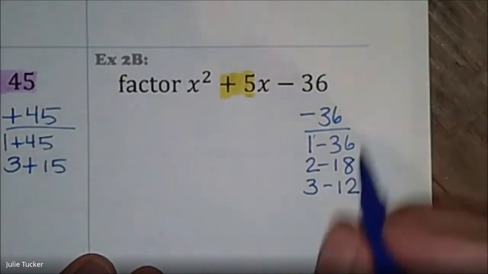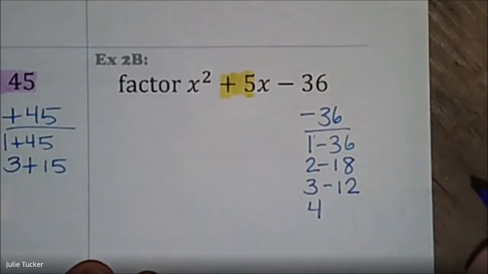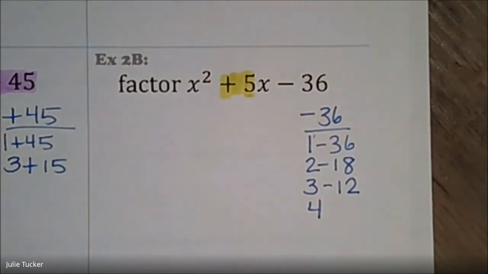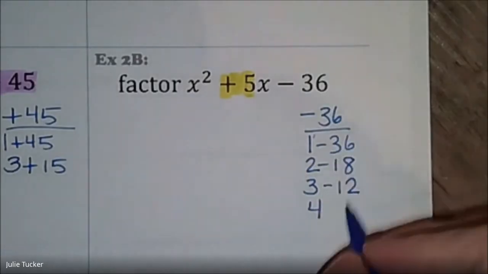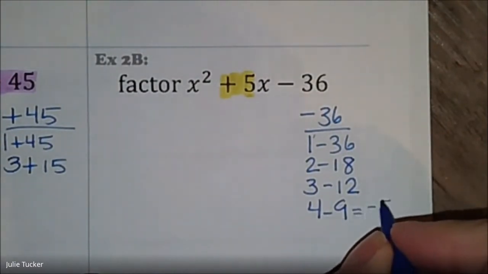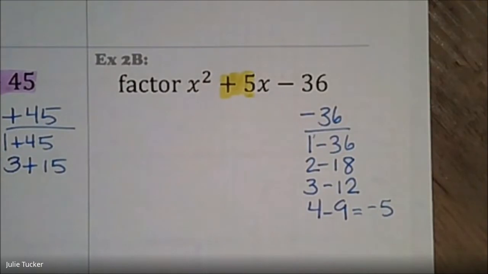Next, let's try 4. 4 times what is 36? 9, good. And then 4 minus 9 is negative 5. So have you noticed all these ones I'm doing are coming out negative?